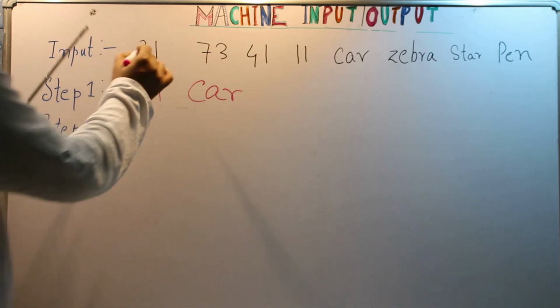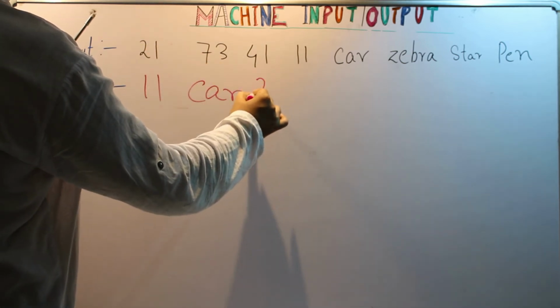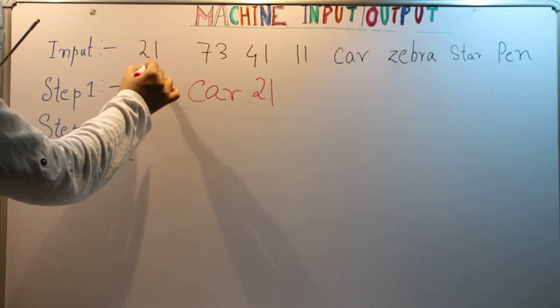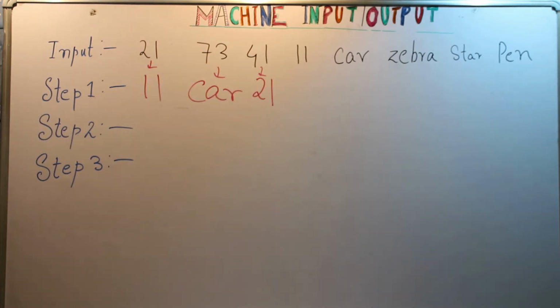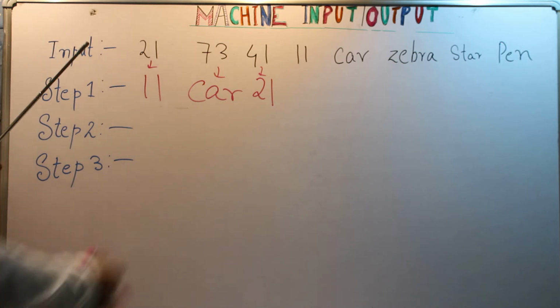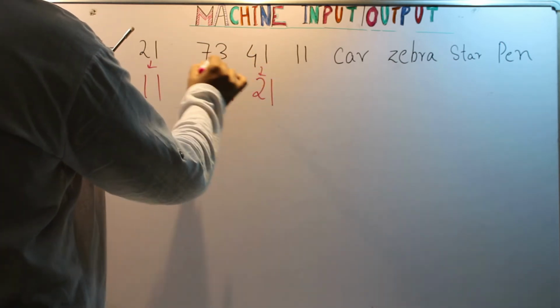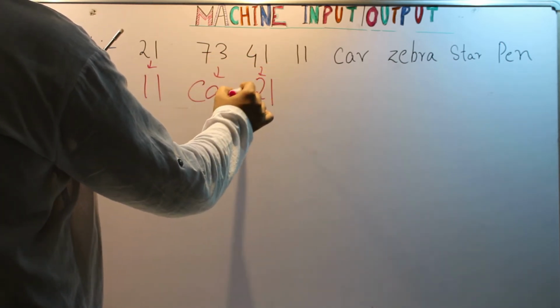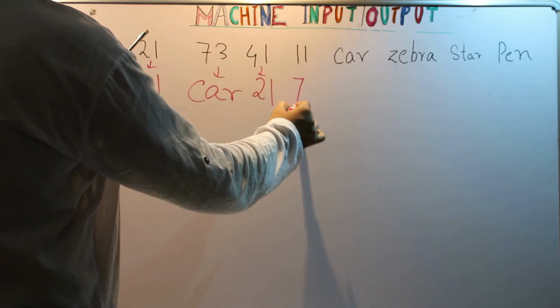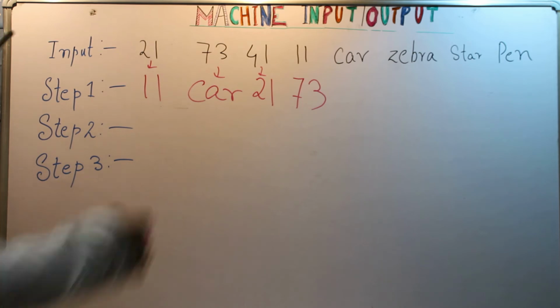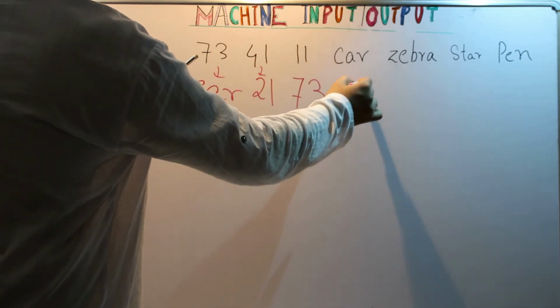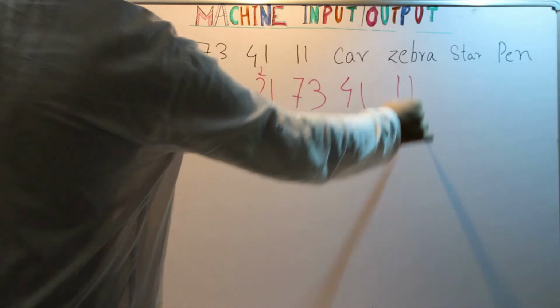So 11 and this 21 will be just under this. We have to follow this thing. Okay, so there is no confusion. So 21, then 73, 41.